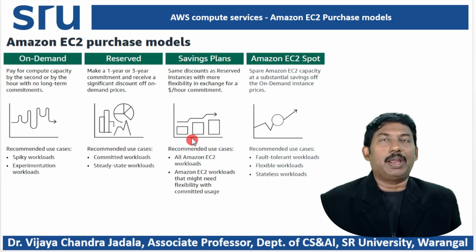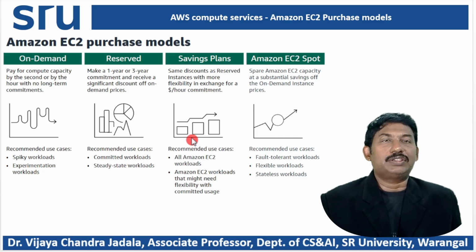and experimental workloads are the common factors related to on demand. Then comes reserved instances, purchasing of EC2 reserved instances, which is related to a 1 year or 3 year commitment for receiving discount prices. Steady state workloads and committed workloads we will get through the reserved instances.